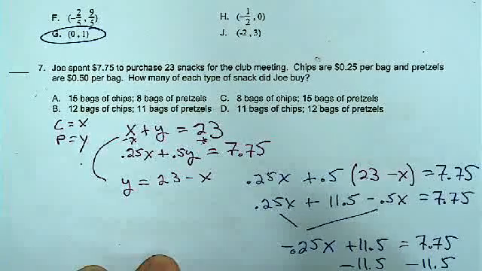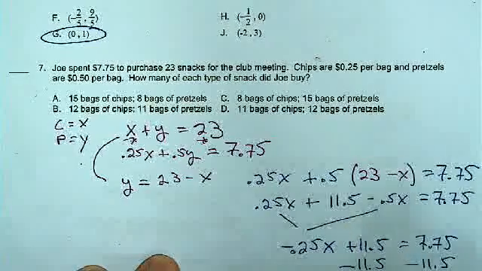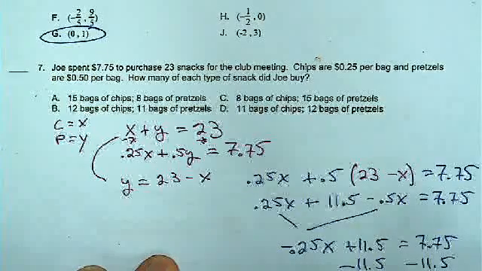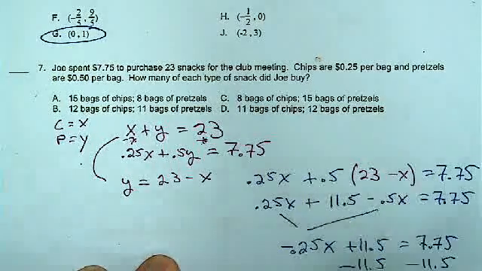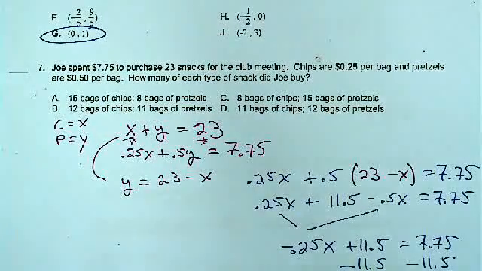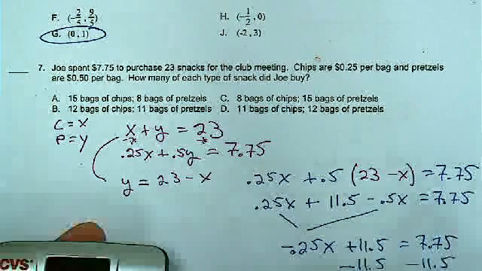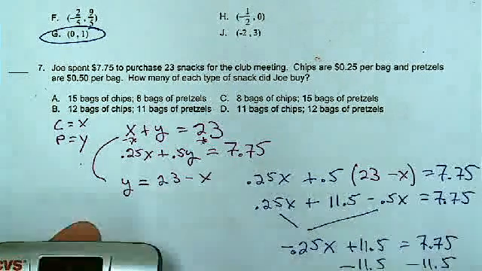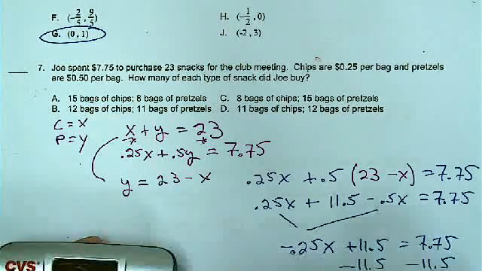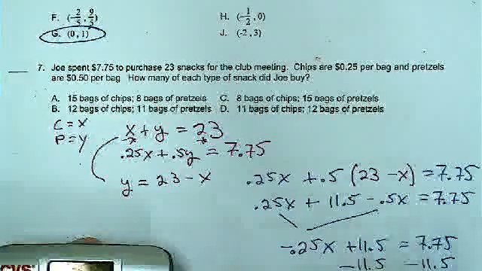So negative 0.25x equals negative 3 3/4. I double check that on the calculator. My decimals aren't as good as they could be. 7.75 minus 11 and a half. Oop, this is 7 there. And then I'm going to divide that by 0.25. I get x is equal to 15.